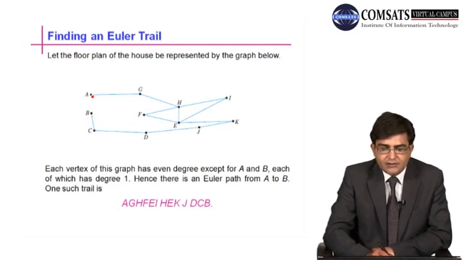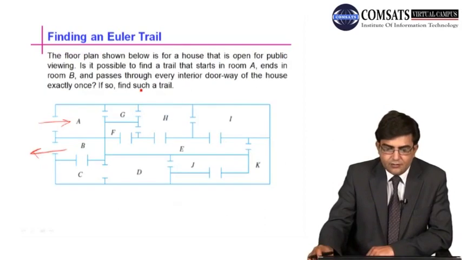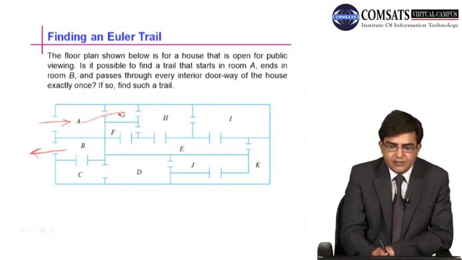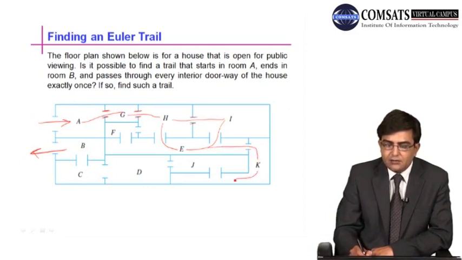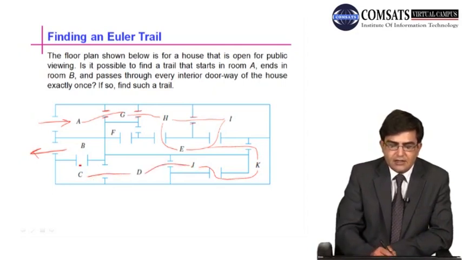Here the person can go from A to G, because there is a door here and there is a door here. So he can go from G to H, he can go from H to I because there is a door here, he can go from H to E, he can go from I to E, and he can go from E to K, there is a door here, he can go from K to J, from J to D, from D to C, and B to C, and from B he can go out.